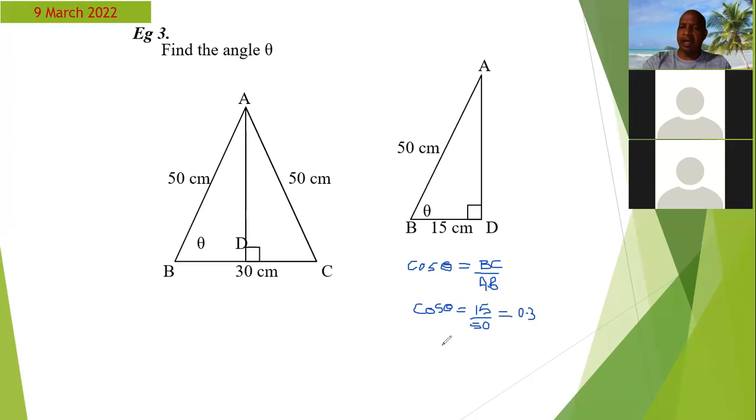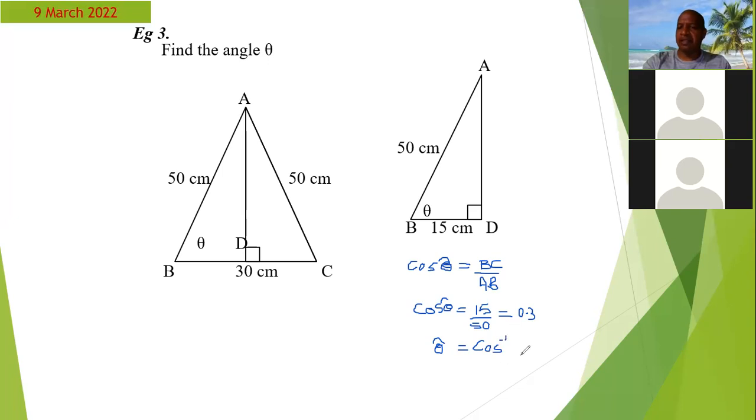All right, so our angle theta would be equal to the cos inverse. Remember, when you're writing the inverse of a trig ratio, guys, you raise it to the power of -1.